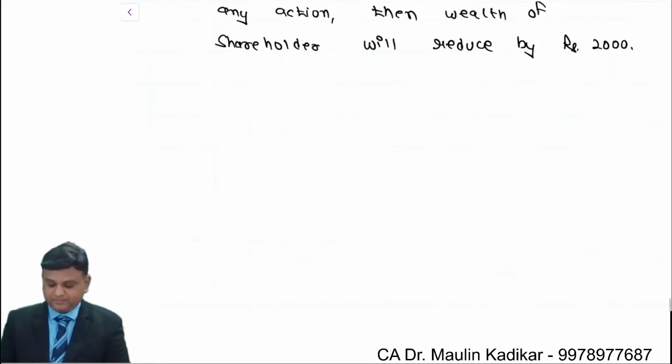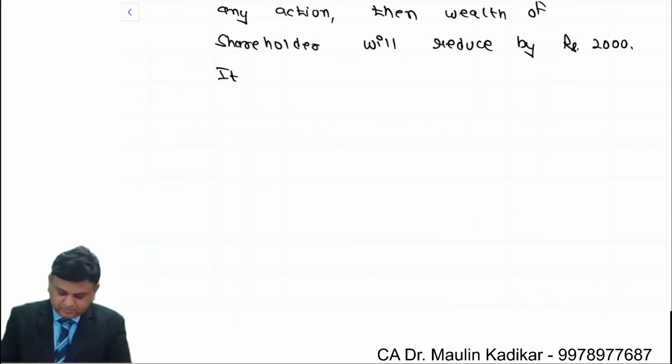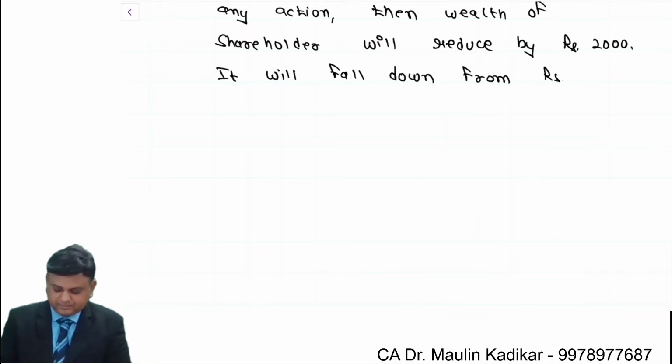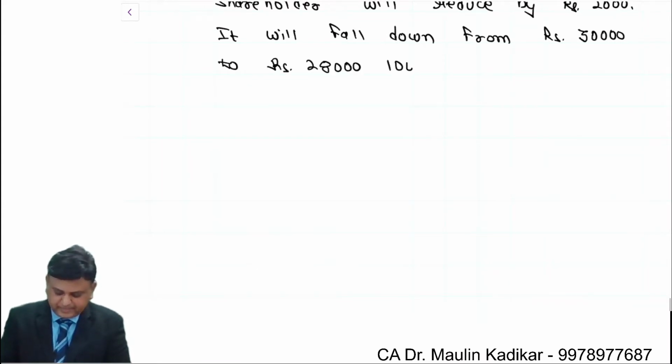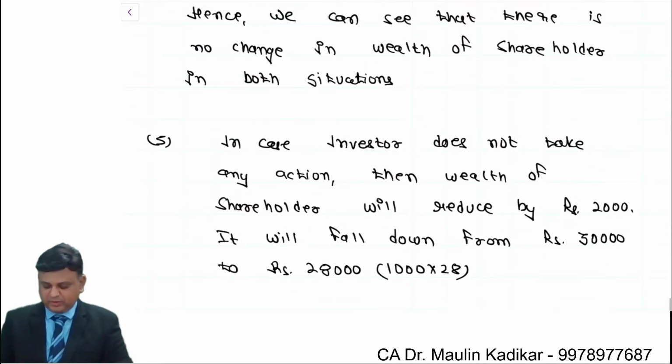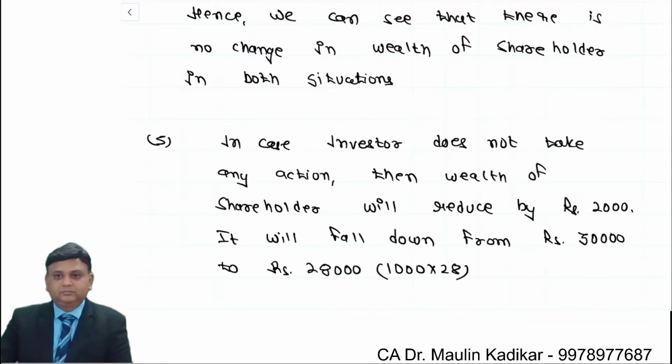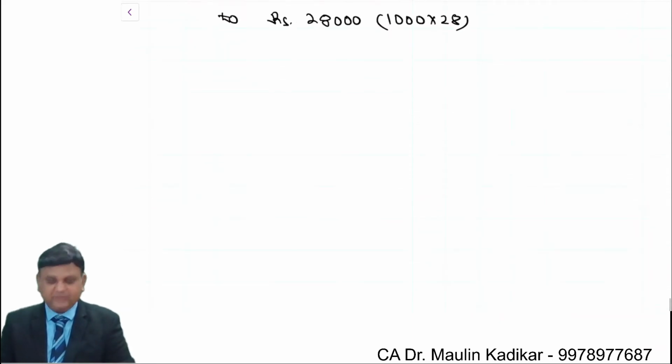Full stop. It will fall down from rupees 30,000 to rupees 28,000. In bracket write down 1000 into 28. Now the answer is over.